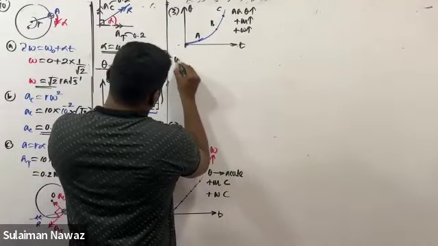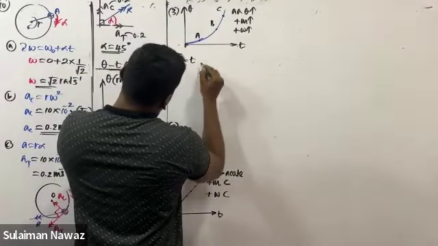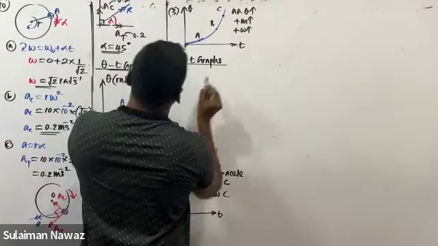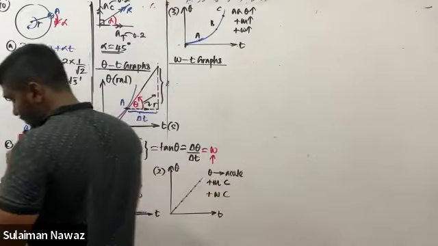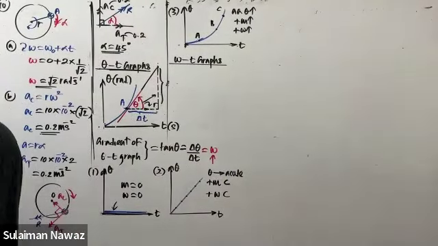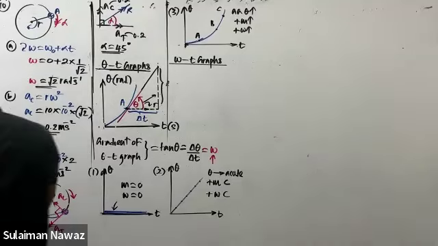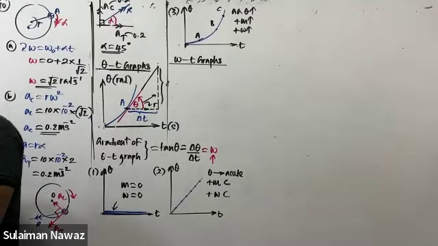Next story, omega-t, inside the bracket write omega-t graph. Now here also, same story. Omega-t graphs, you know the story.